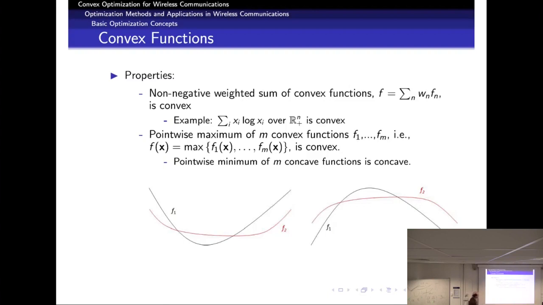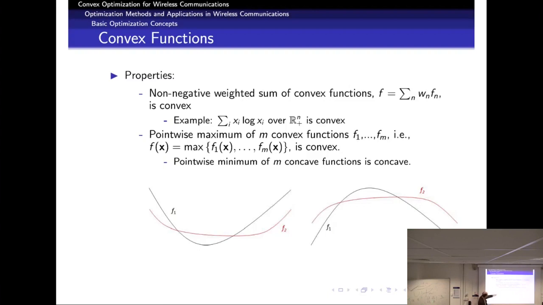It says, if I have m convex functions, f1 to fm, and I take the pointwise maximum of those m, so for any value of x, the value of my function will be the maximum between f1 of x to fm of x, right? This pointwise maximum is still convex as long as the underlying functions f1 to fm are convex. So this is an example. I have two functions that are convex, right?